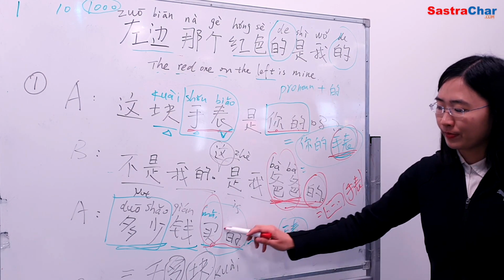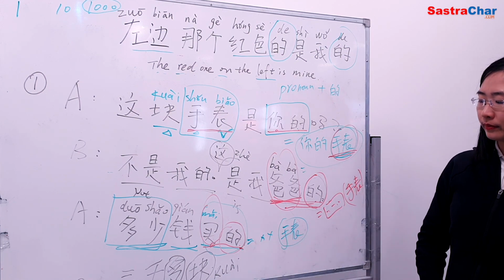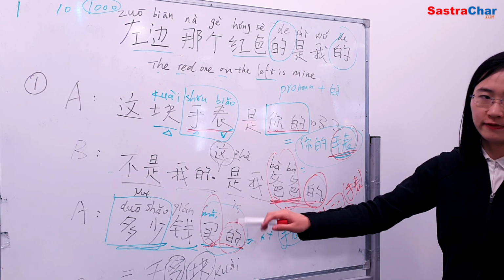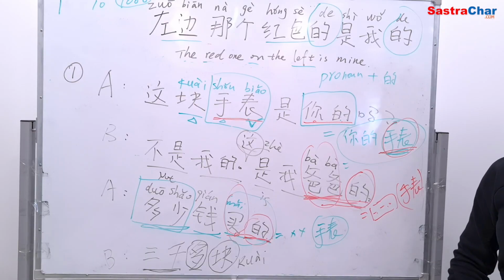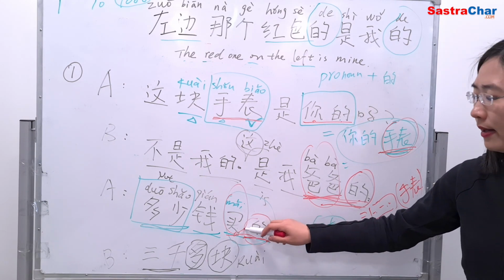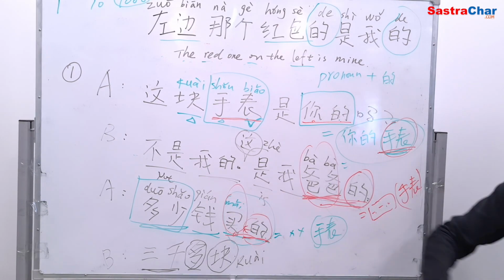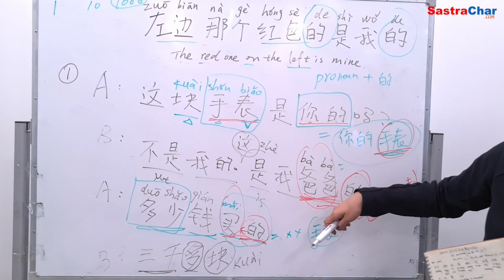Yeah, we can use 的 after the verb. It's very uncommon actually. You can use 的 to follow this verb. Okay. Yeah. Now let's read this dialogue with me again.